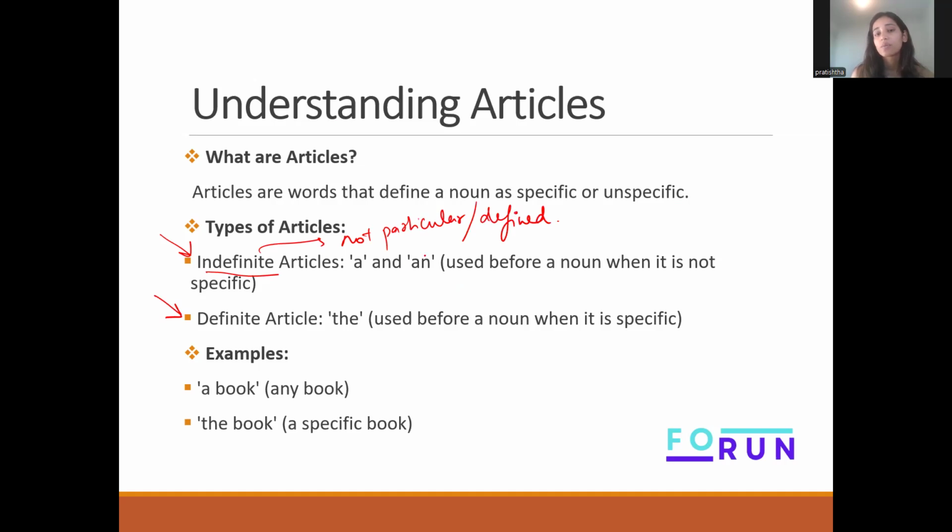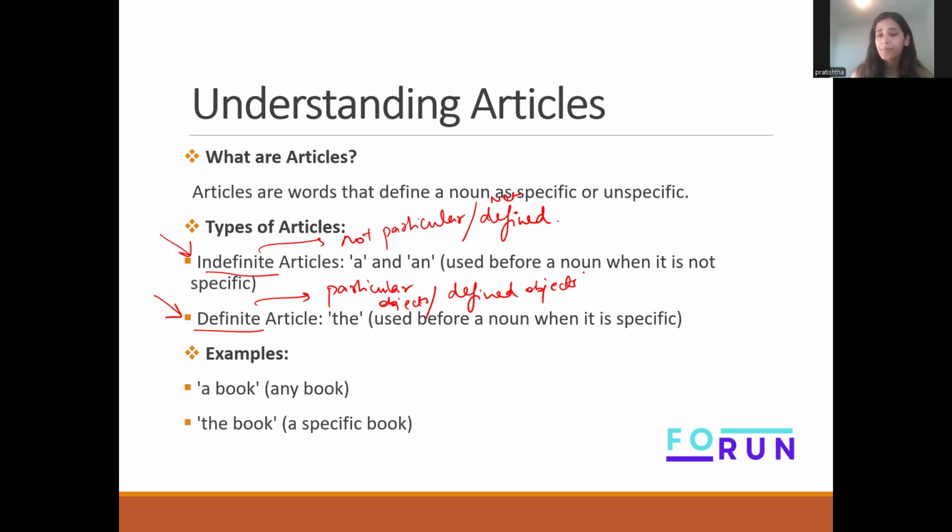It means not defined, not particular. Definite article means particular objects or defined objects. I will just write not here so that it's more clear. Not particular, not defined. Here it is particular objects or defined objects, right?